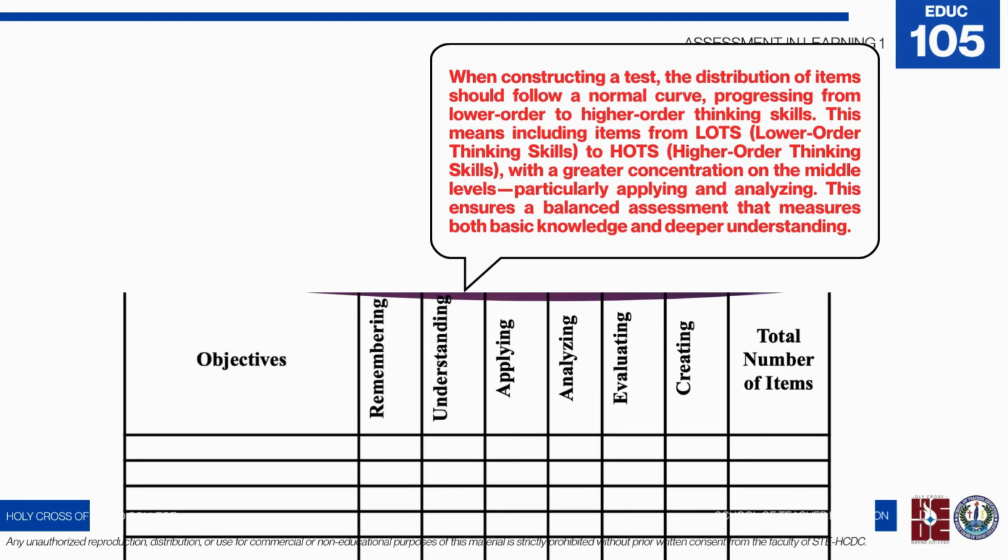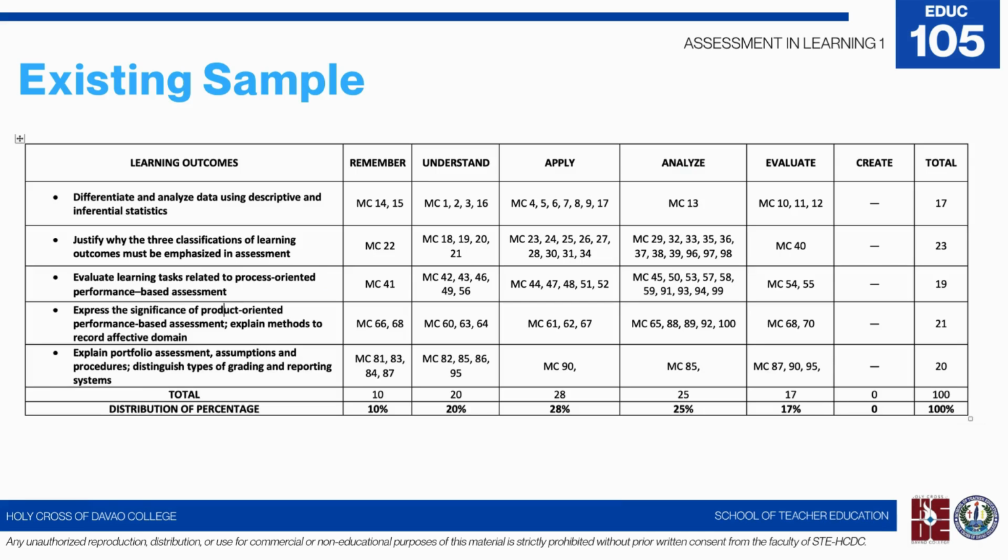This ensures a balanced assessment that measures both basic and deeper understanding. And here is an example of that. Here, the number of hours for each learning outcome might be missing, but this somehow follows what we call a normal curve representation.